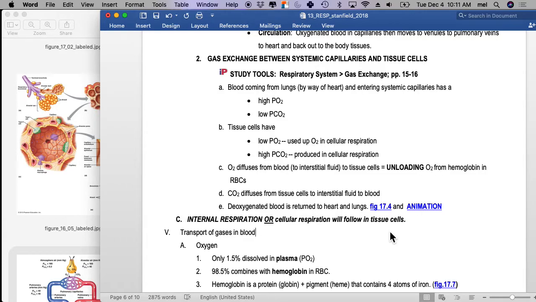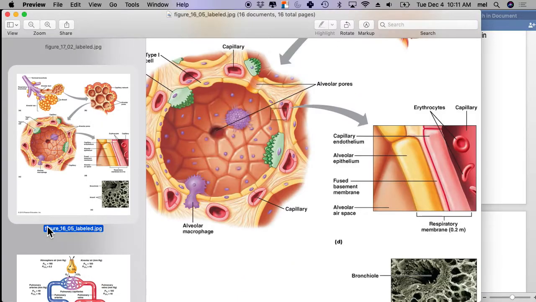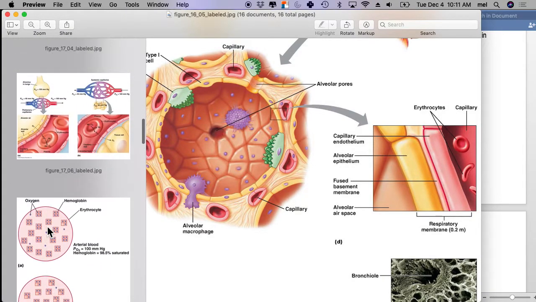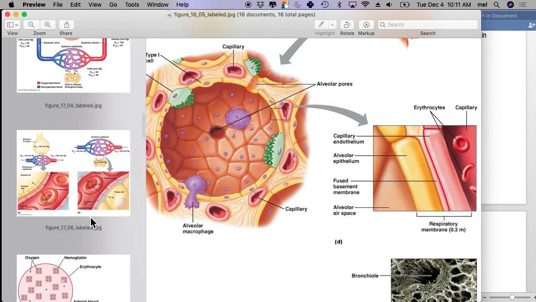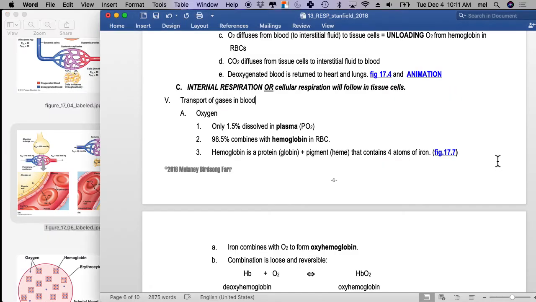Yeah? Okay, all right, so now we're going to talk in detail about how you transport oxygen and carbon dioxide in the bloodstream, okay? And it's going to be fine. So basically, you already know that the primary mechanism you use to transport oxygen is inside the red blood cell on the hemoglobin molecule.